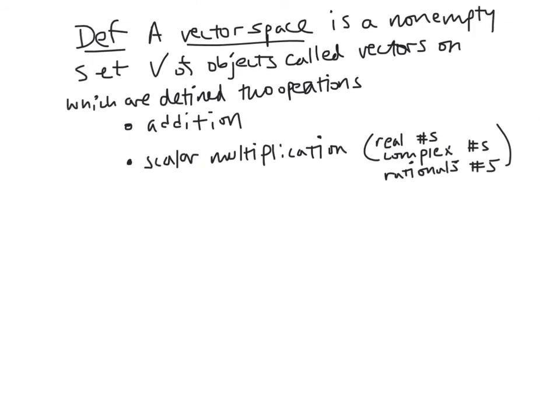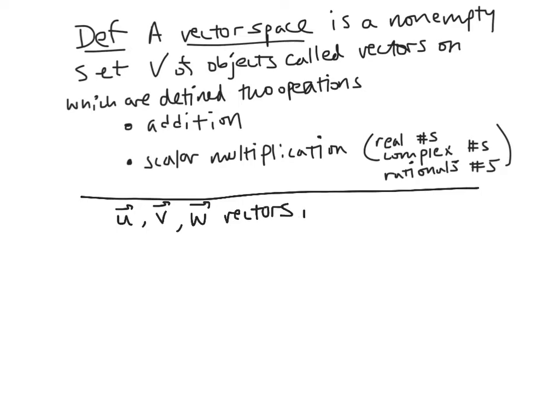There are 10 axioms. So in order to be a vector space, 10 things must be satisfied. So we're going to let u, v, and w be vectors in our vector space, and c and d be scalars. And then the following 10 properties must all be true in order to be a vector space.